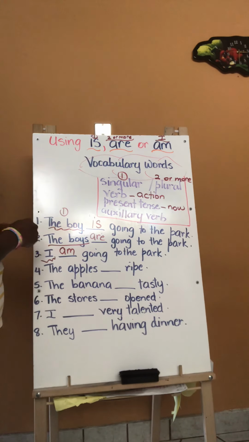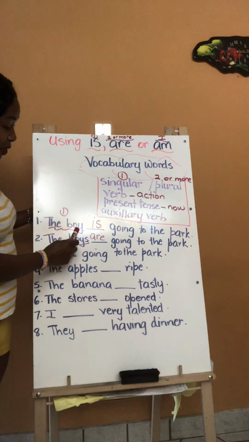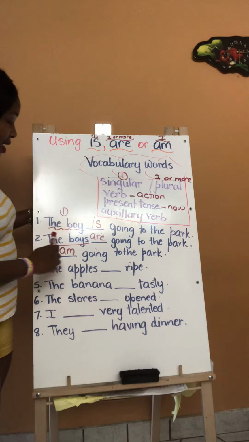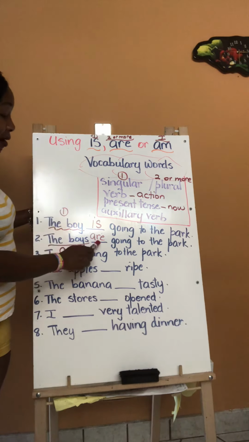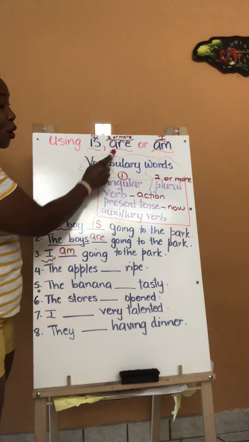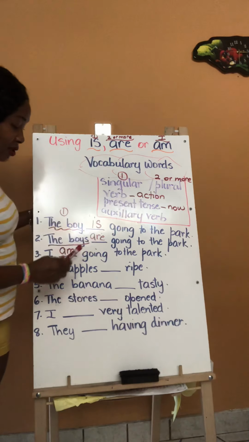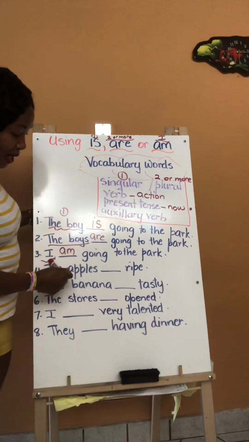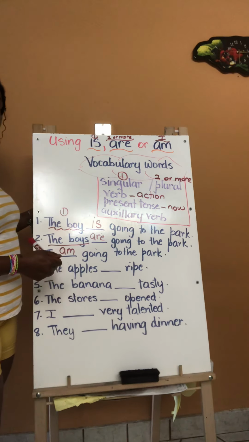So let's review that quickly. Is used with the boy because it's one boy, it's singular. Are is used with the boys because it is more than one boy, and are goes for two or more or plural. I goes with am, so I am going to the park.